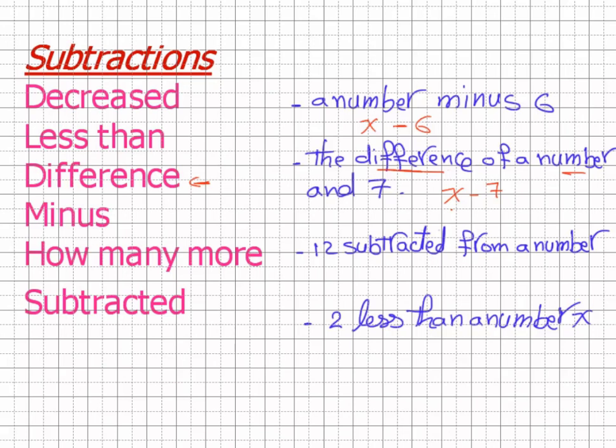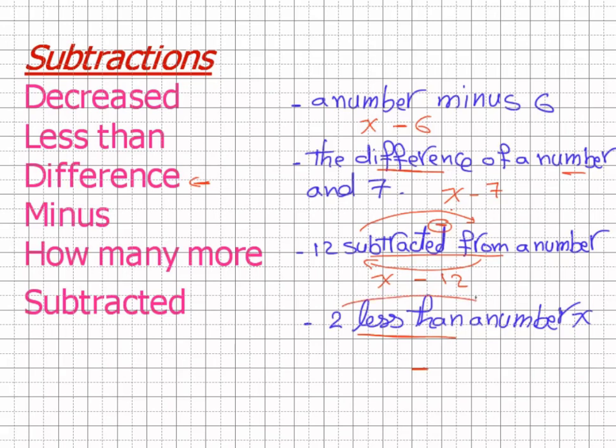This means it's a number, but we don't know how much exactly. 12 subtracted from a number. Subtracted from means subtraction, but don't forget to reverse. The number will become first and the 12 will become second. 2 less than a number. Also here it's subtraction, but don't forget to reverse.